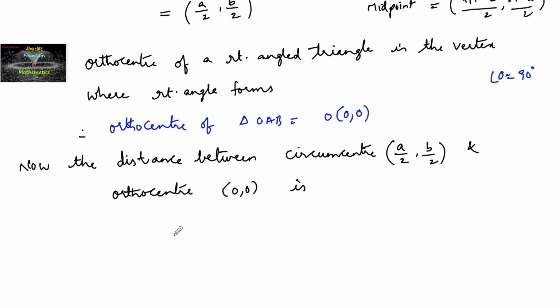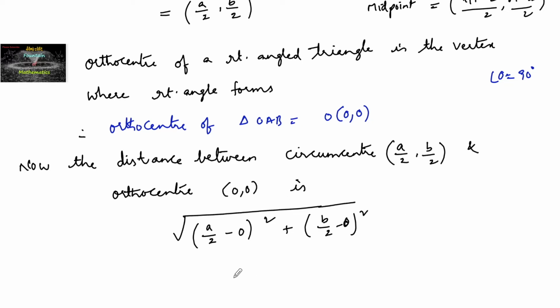is given by the distance formula, under root of (x2 minus x1) whole square plus (y2 minus y1) whole square. So we can write a by 2 minus 0 whole square plus b by 2 minus 0 whole square, or we can write 0 minus a by 2 whole square plus 0 minus b by 2 whole square also. Which is equal to under root of a square upon 4 plus b square upon 4.